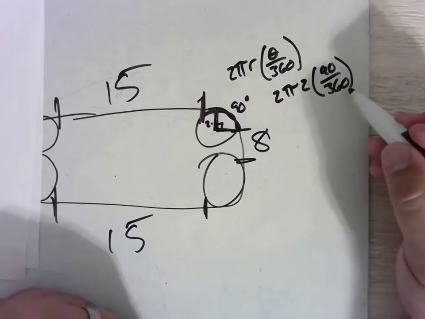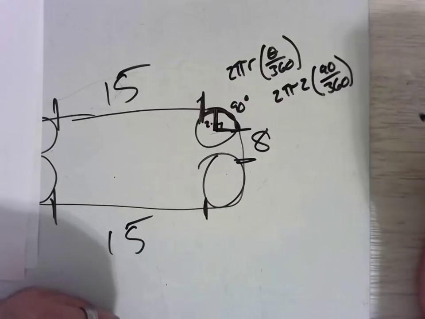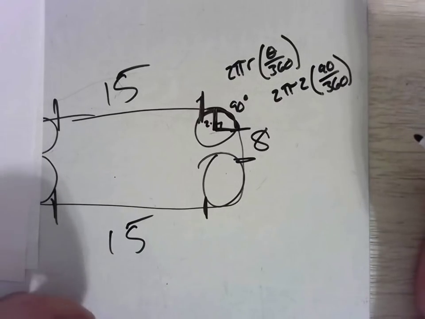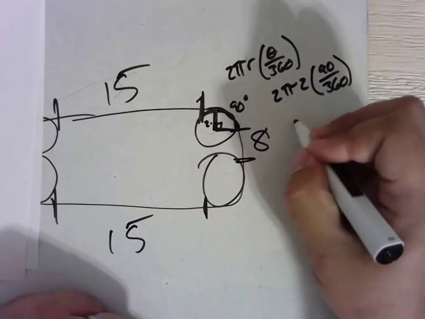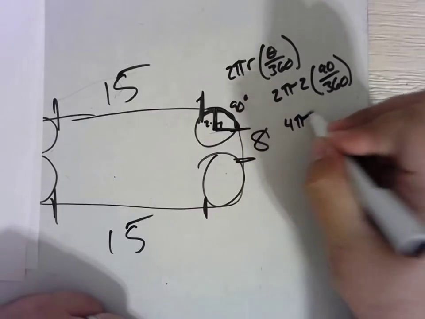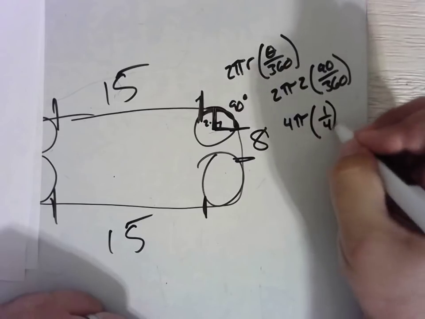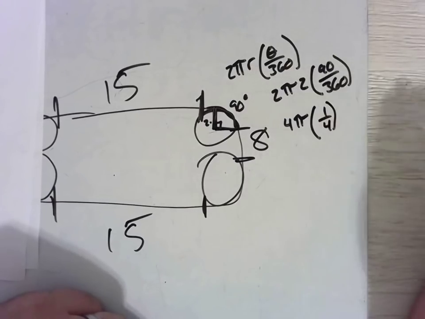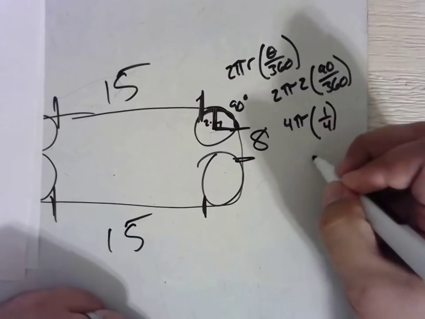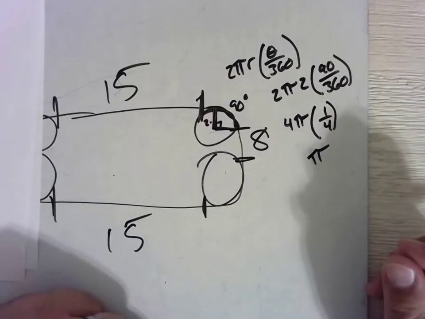And I'm going to simplify this. 90 goes into 360 4 times. So 2 times 2 is 4, pi, and this will simplify to 1/4. Now 4 divided by 4 is 1, so all you're left with is pi.